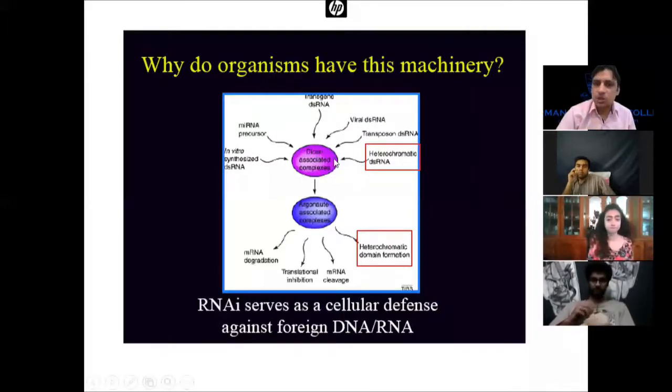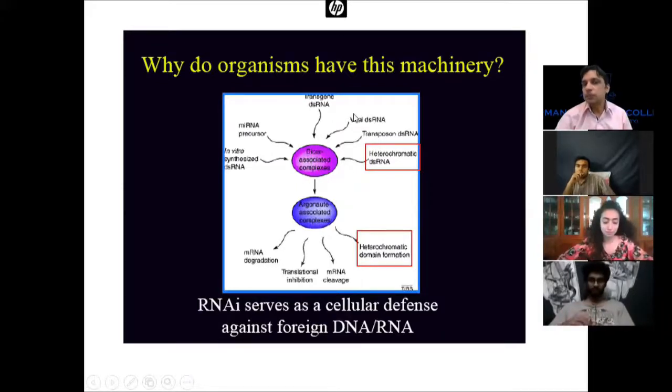The dicer proteins don't know where these small double-stranded RNAs are coming from. They can come from different sources. And the dicer will chop them up and send them to the Argonaute protein system, the RISC proteins, and then they will execute their functions.